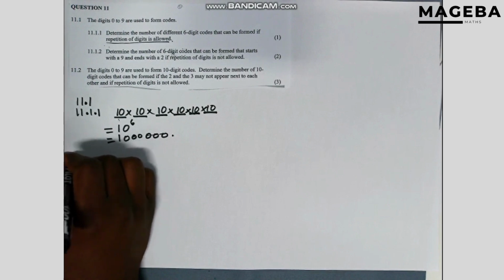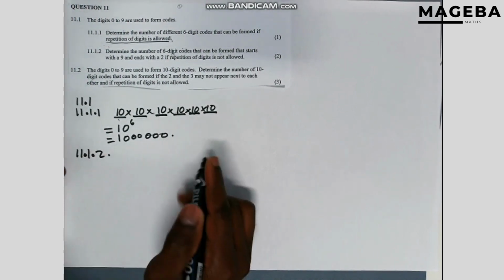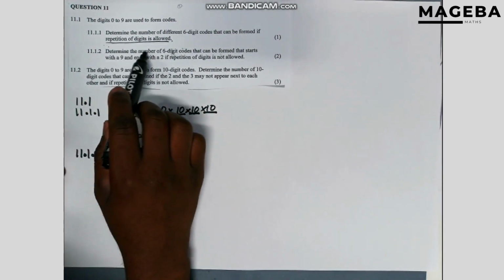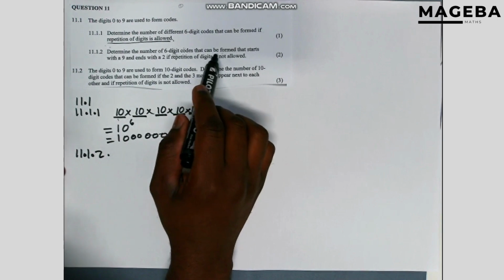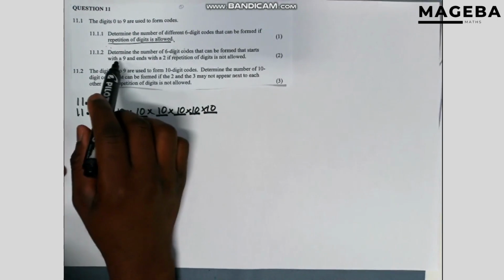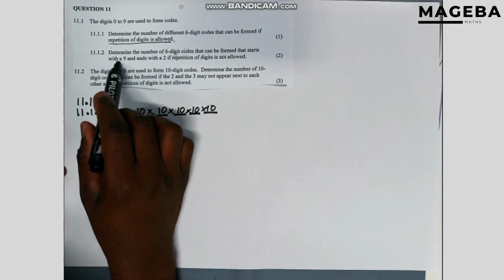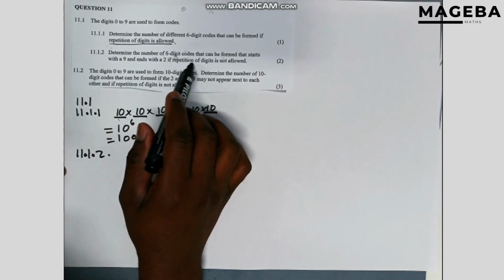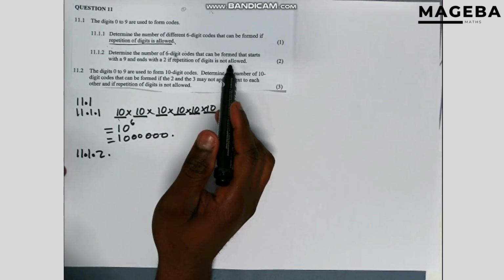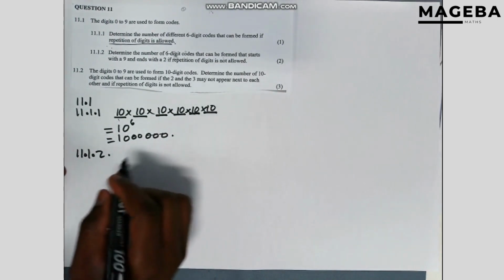Then now going to the second question, which is 11.1.2. Now they are saying determine the number of 6-digit codes that can be formed that start with 9 and end with 2 if the repetition of the digit is not allowed.